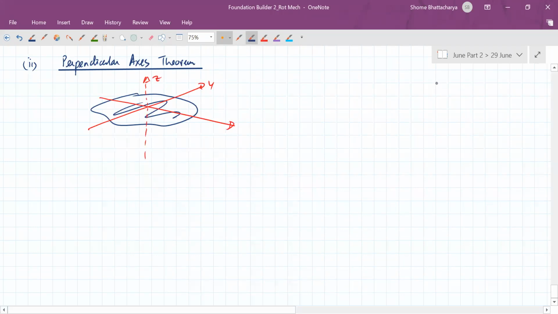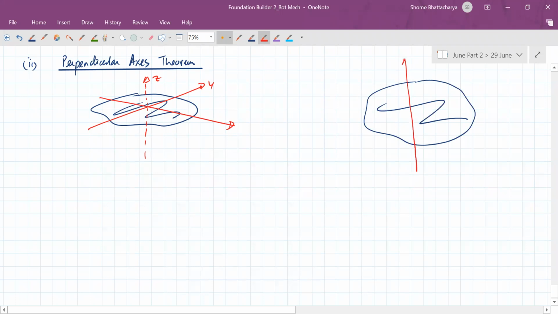So the top view of this will look like this. So now consider any particle dm. Now it's lying in the xy plane, so its coordinates will be x, y, 0. So this is a lamina in the xy plane.